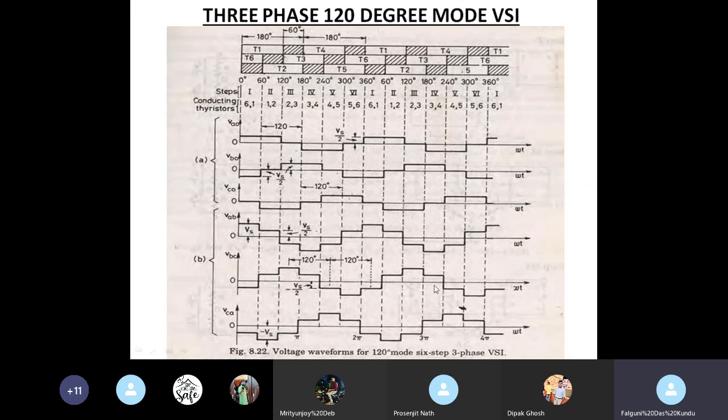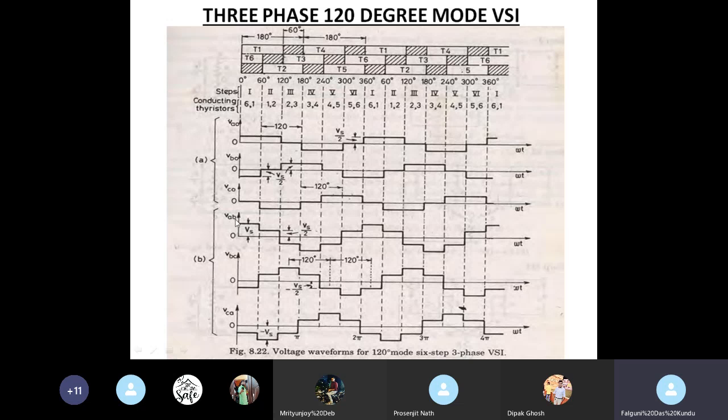Okay. Now we have to find out the VAB. These are the phase voltages, between one phase and neutral, and now we have to find out the line to line voltage.